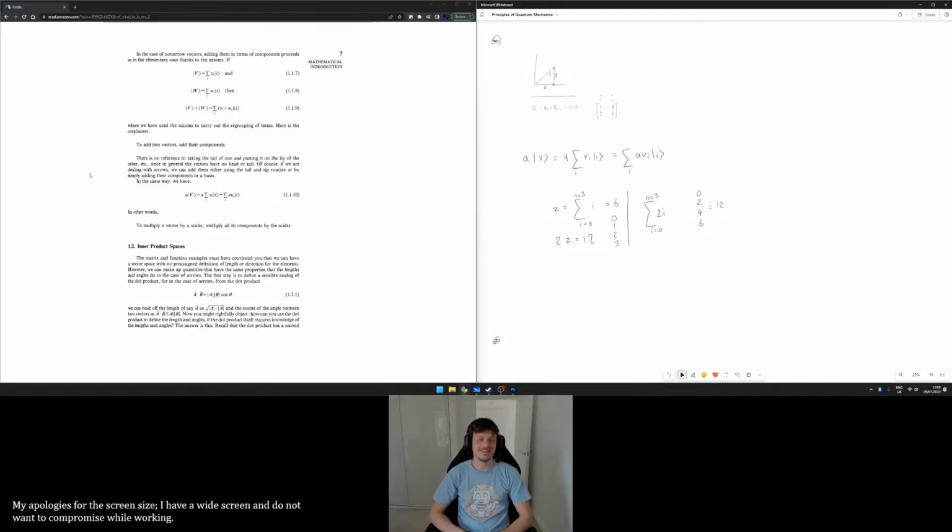Inner product spaces. The matrix and function examples must have convinced you that we can have a vector space with no preassigned definition of length or direction for the elements. Yes, we can work entirely with the axioms that we've created so far about linearly independent and dependent vector spaces and totally satisfy our unquenched thirst to know that this is true.